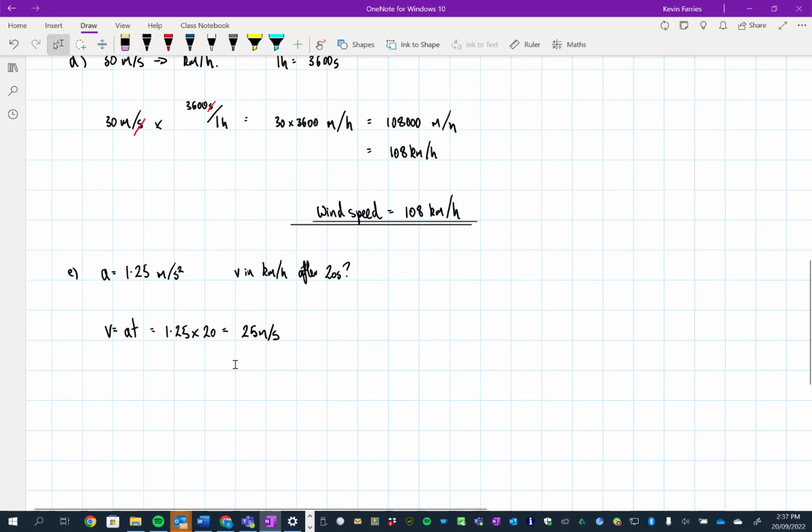And we're going to change that to kilometers per hour. So v is equal to 25 meters per second, which is equal to, let's change to hours first. We're looking for kilometers per hour, so let's change to hours first. 3,600 seconds is the same as 1 hour. It's just 60 seconds times 60 minutes.